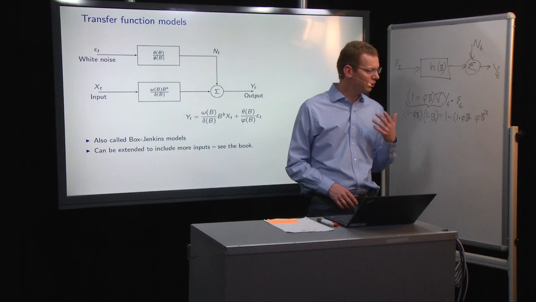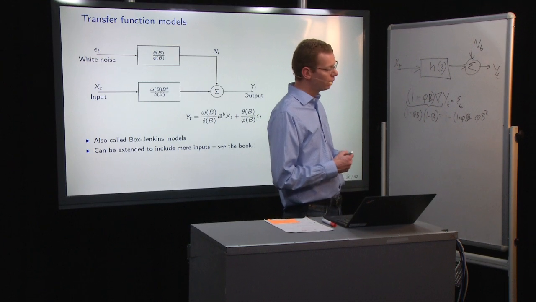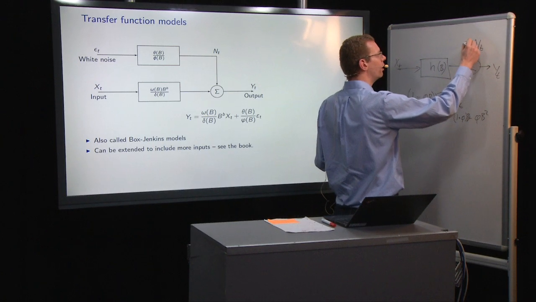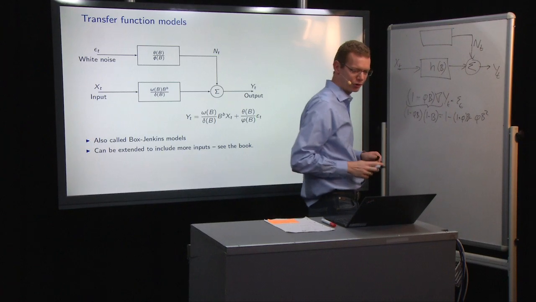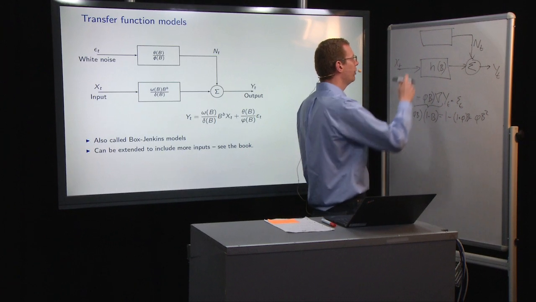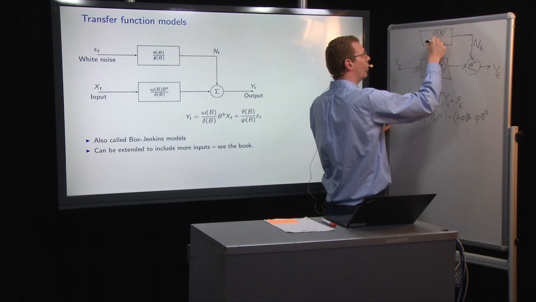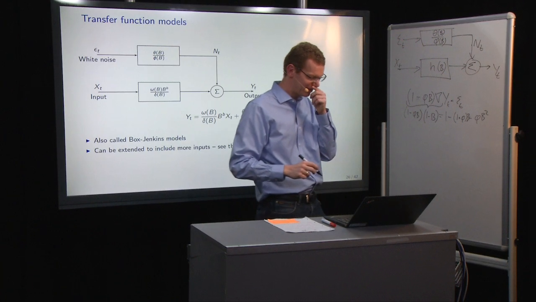So what we did previously was to have this structure over here, but what we will try to add now is, what if we know some more about the noise structure up here? So if we have an ARMA model up here where we have a theta of B over phi of B, and then we have some white noise input here.